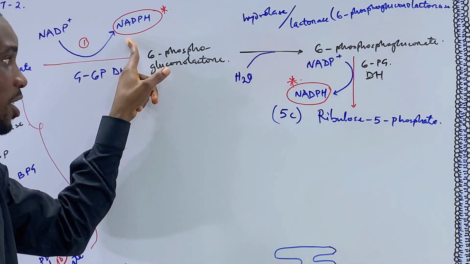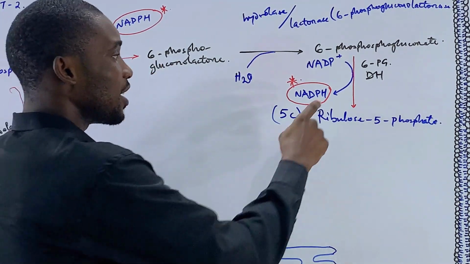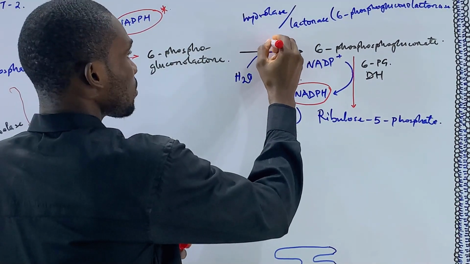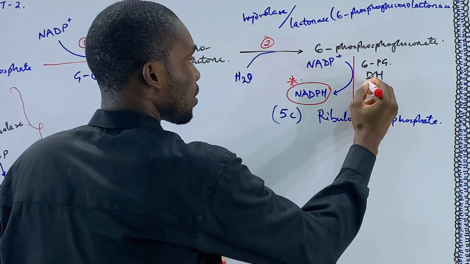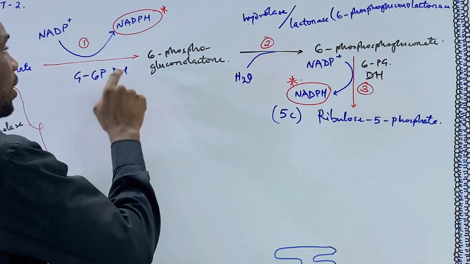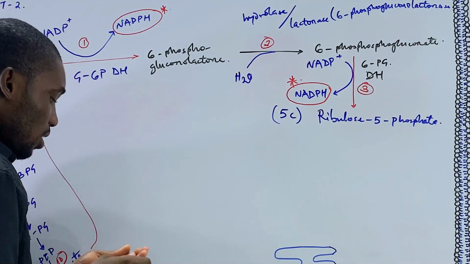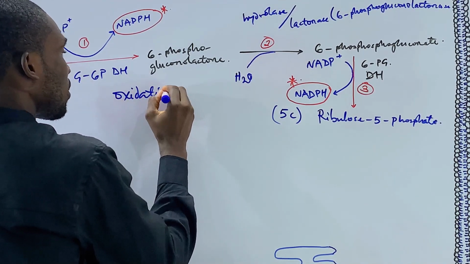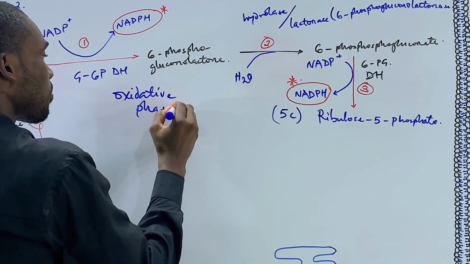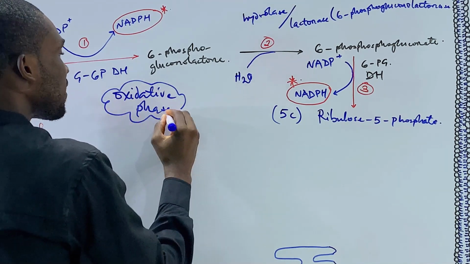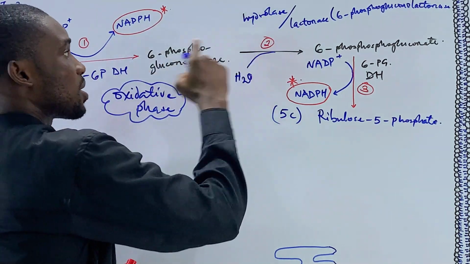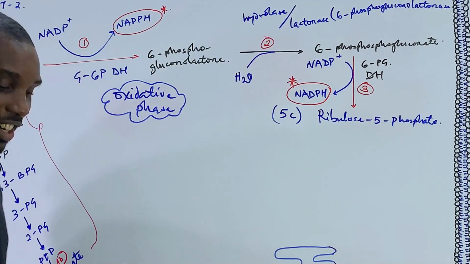So we formed one NADPH and we formed another NADPH. And this was our reaction 2. This was our reaction 3. Reactions 1, 2, 3 are oxidative phases of the PPP. So they are oxidative phases of PPP, also known as the irreversible phases. If you can see, the reactions are irreversible 1, 2, and 3.